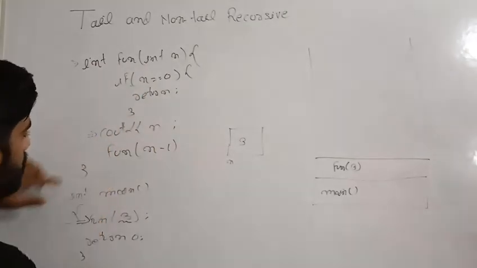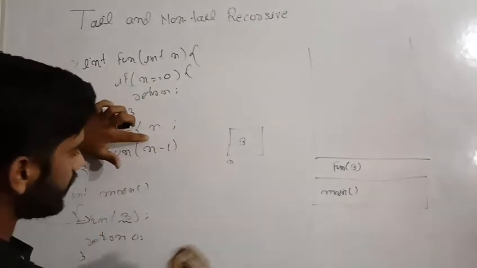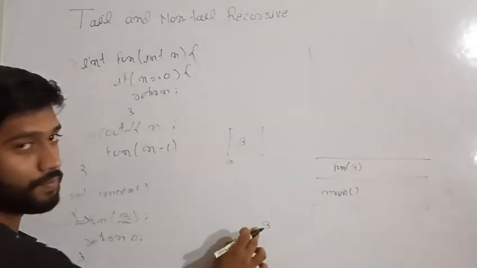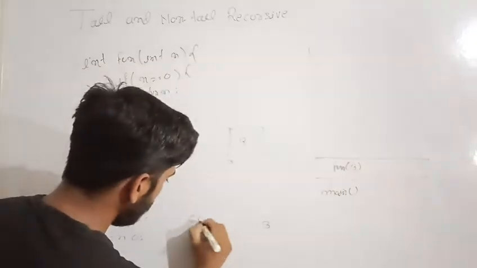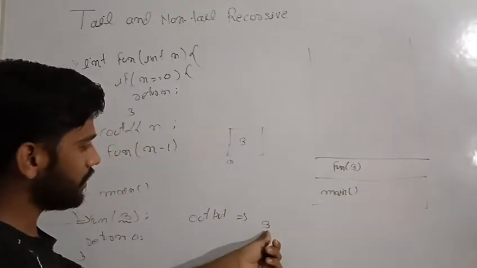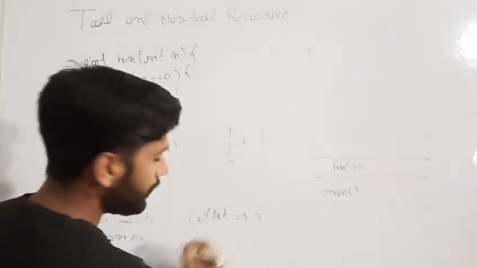It will print n, and n is now 3, so it will print 3. Here I will show the output, and it will print 3.